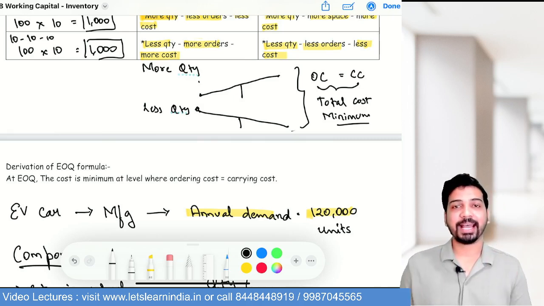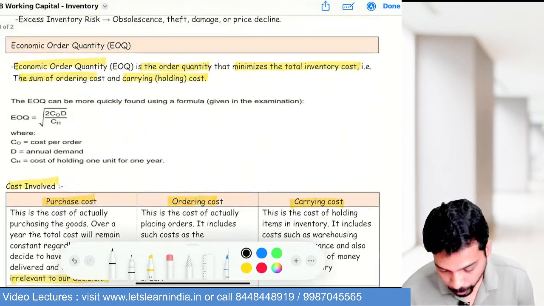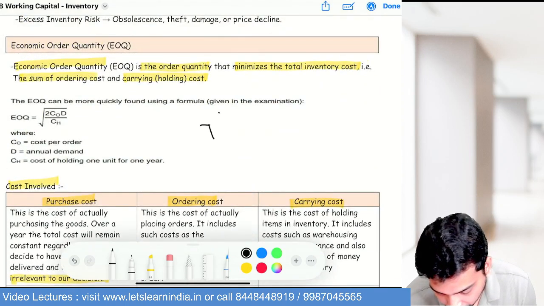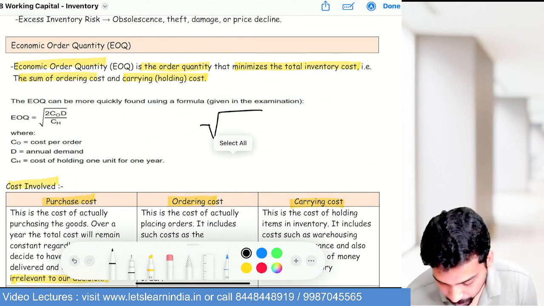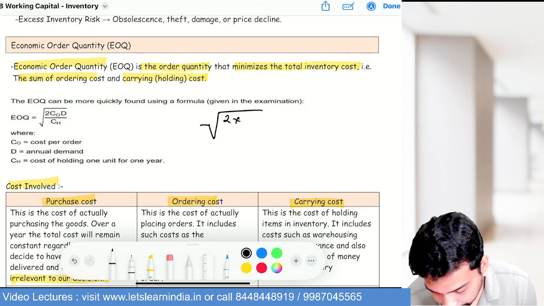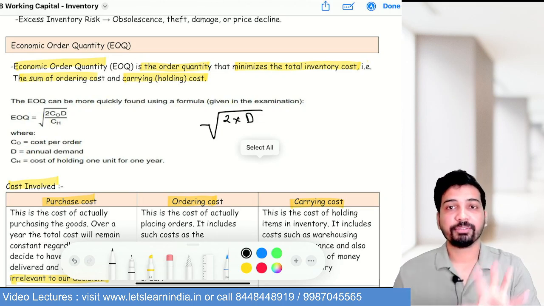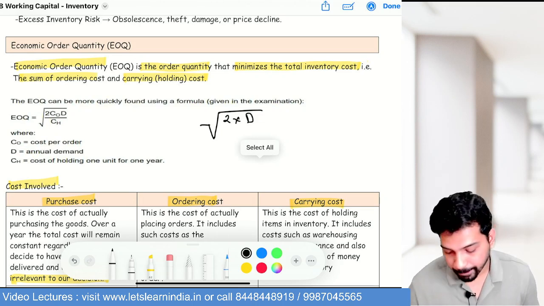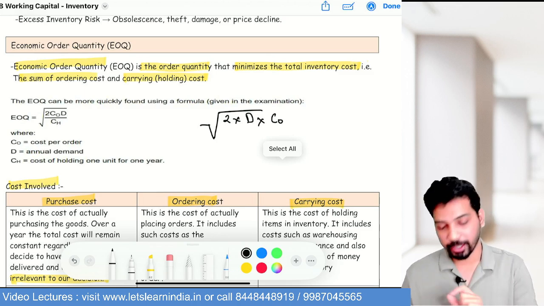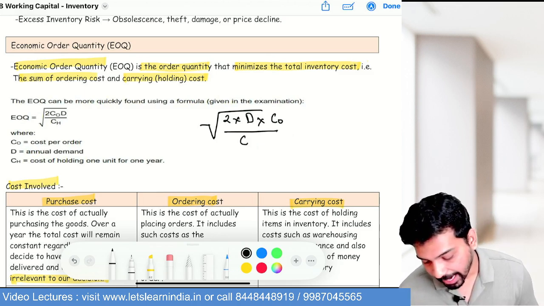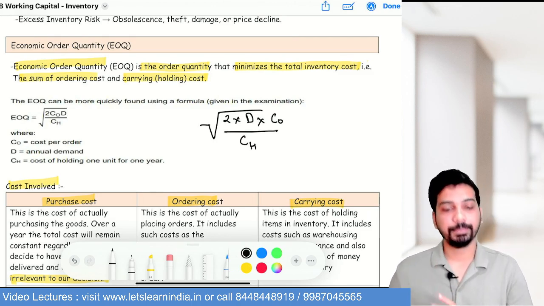Now, through this ordering cost equal to carrying cost, we have derived a formula for the quantity, which is under root 2 into annual demand of your product, multiplied by cost per order, divided by carrying cost per unit per annum.